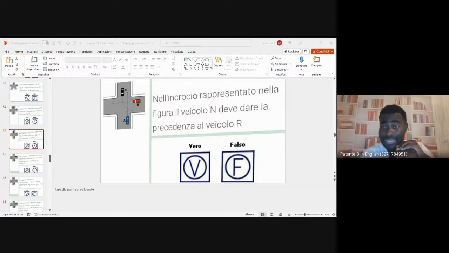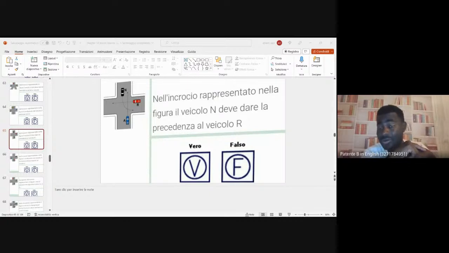Guys, N is stopping in the center because A is on the right-hand side of N. That is why N is stopping in the center. So N must not give any right of way to R. N moves first and stops in the center of the junction.